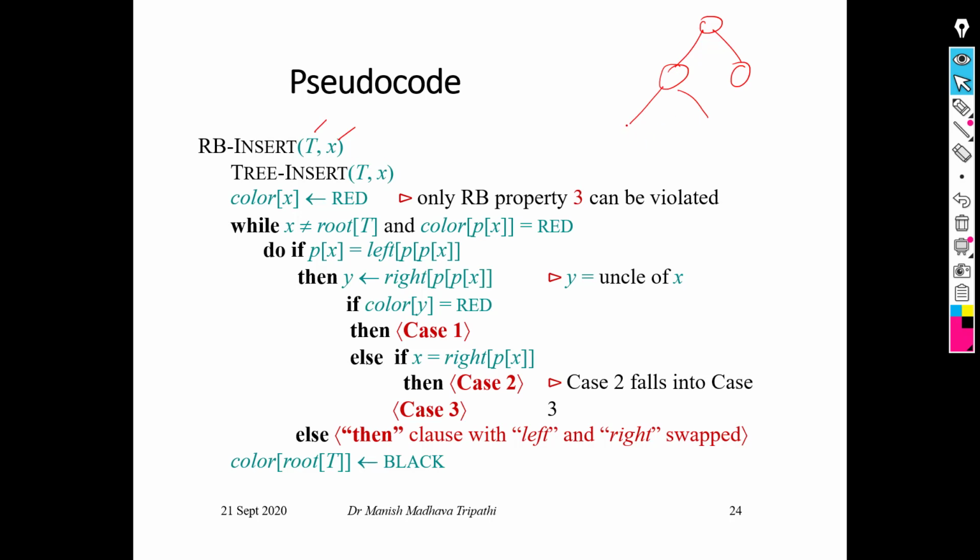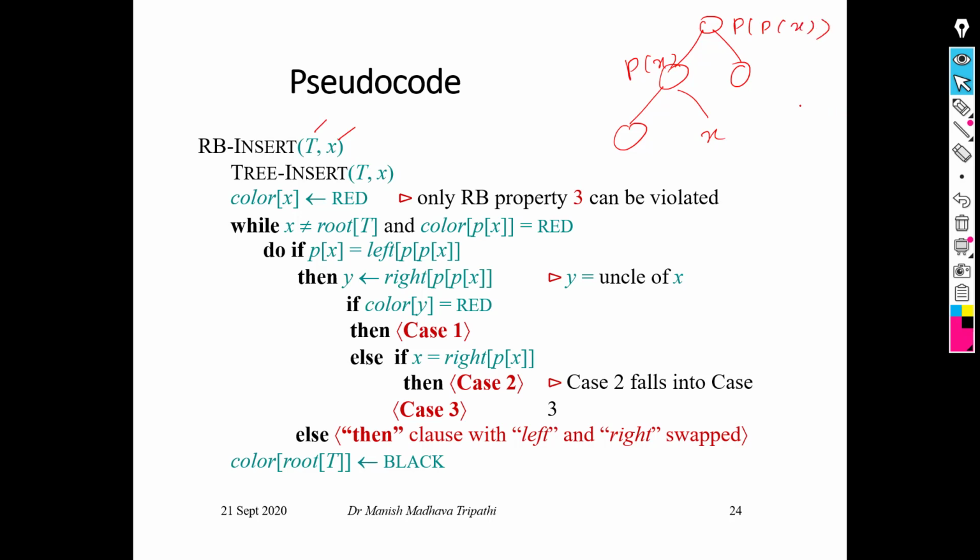Suppose the situation is this: it is x, and we are inserting x here. This node is the parent of x, and this node is the grandparent of x, p of x.